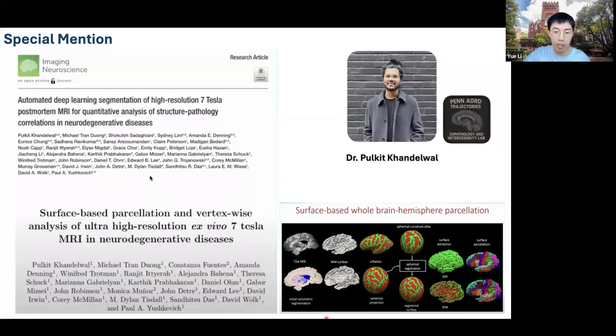And then these parcellations were used for vertex-wise structural pathology correlation, linking cortical thickness to Alzheimer's disease hallmarks such as amyloid beta and tau. And this is actually the first large-scale surface-based structure pathology study at this resolution.